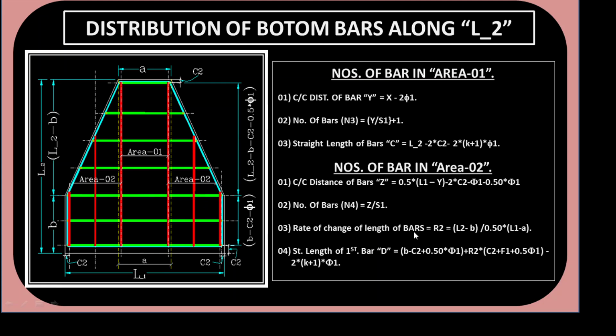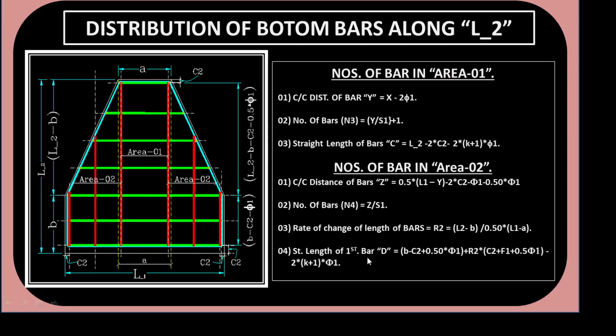Rate of change of length of bar in between this area, A2, is equal to L2 minus B, that is, this is L2, this is B, L2 minus B divided by 0.5 into L1 minus A. That is this direction, this distance.